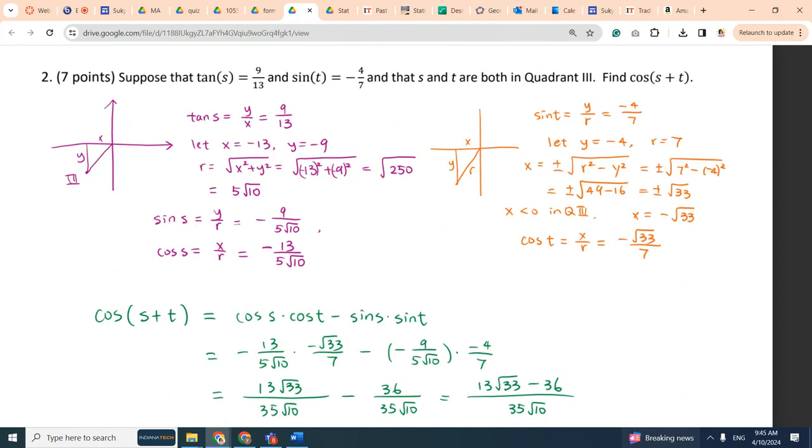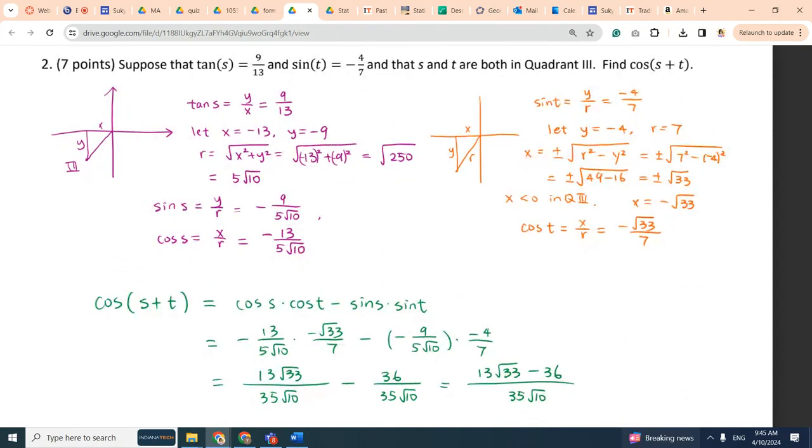Number 2, you are given tangent x and sine t, and they are both in quadrant 3. The problem tells you it is in quadrant 3. So you draw the picture like that. Do you see your x is negative and the y is negative? Because you're given tangent, you know the x and y, and then you can find the r, right?